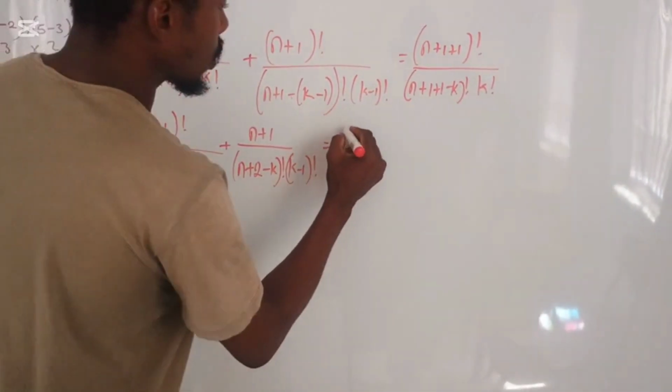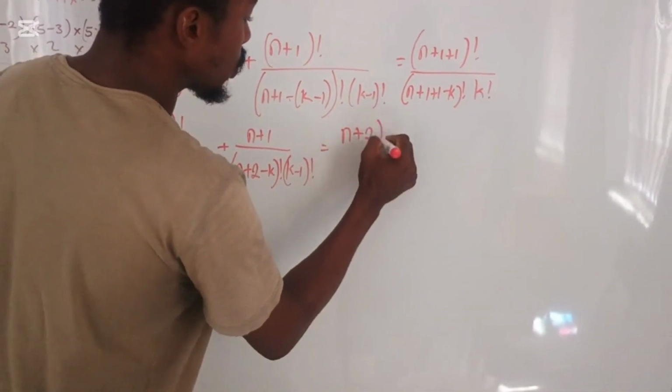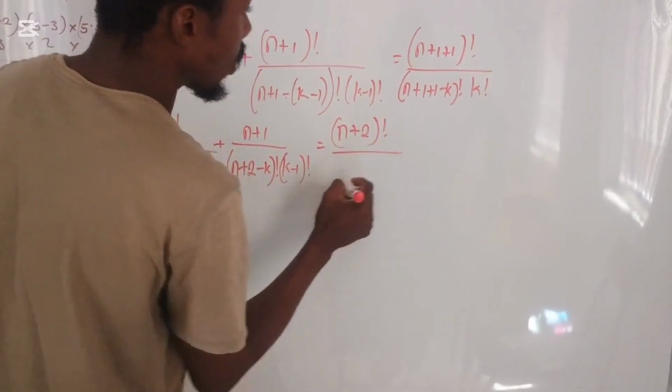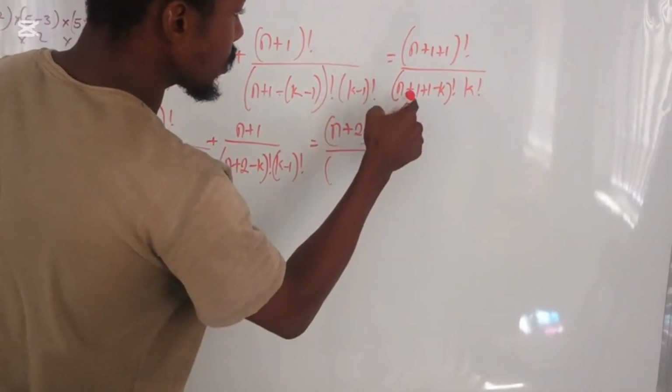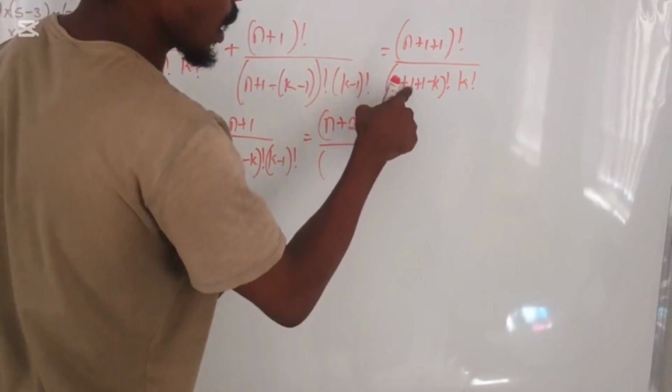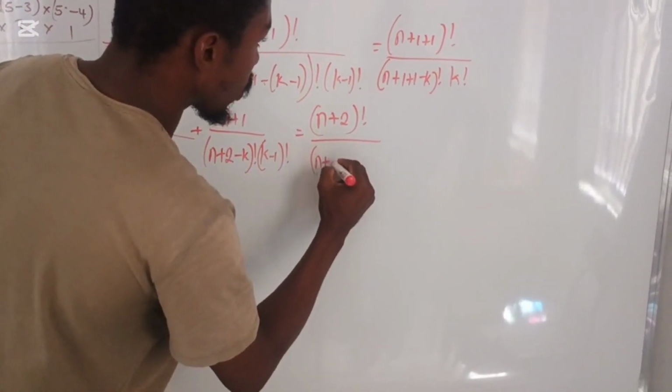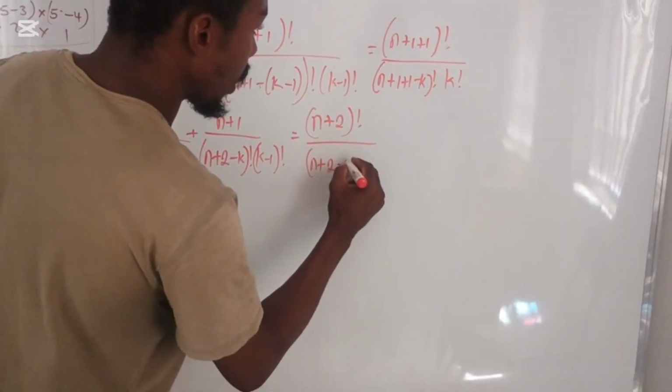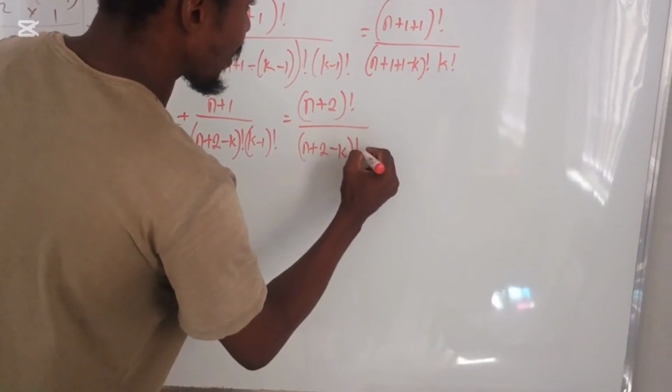This is equal to (n plus 2) factorial all over (n plus 2 minus k) factorial.